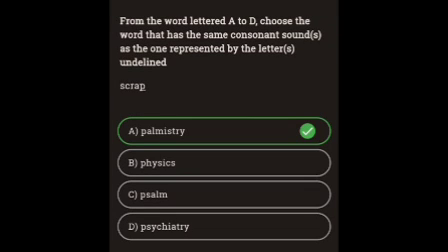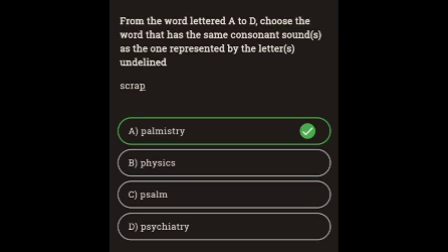The answer to that question is option A, palmistry, because only palmistry contains P as underlined in scrap. Physics contains letter P but it doesn't contain the sound P. Psalm contains letter P but the P is silent. Psychiatry contains letter P but the P is equally silent.